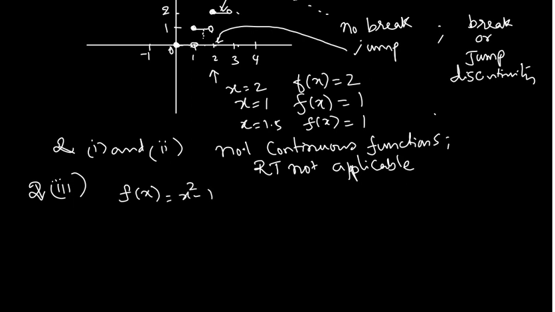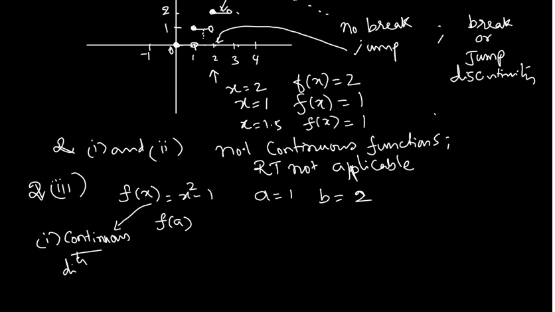Continuous function, and differentiable. Every polynomial function is differentiable. So f of a equal to f of 1 equal to 1 minus 1 equal to 0, and f of b equal to 4 minus 1, that's equal to 3.